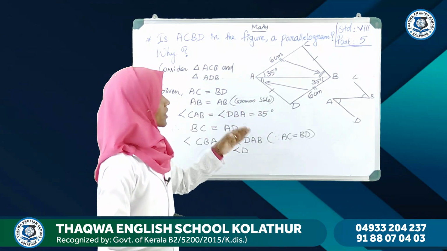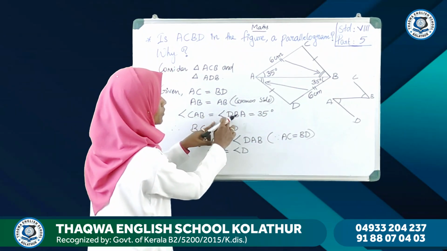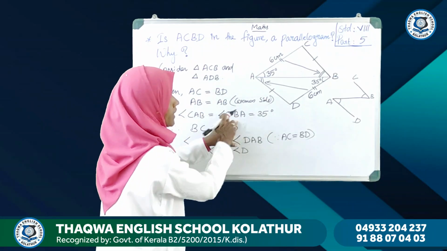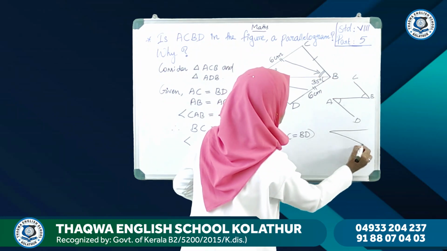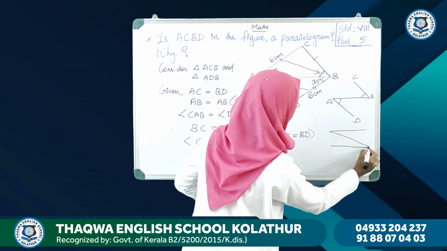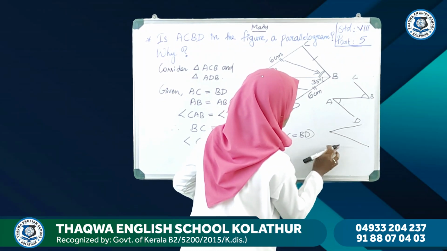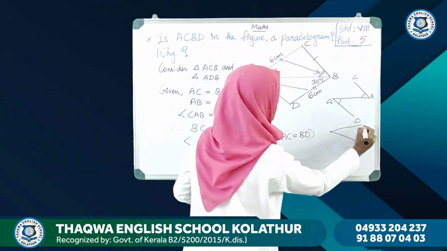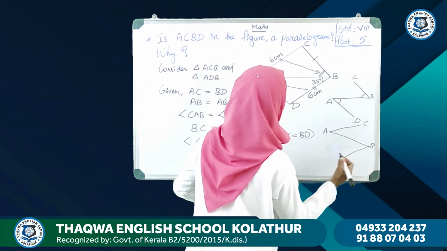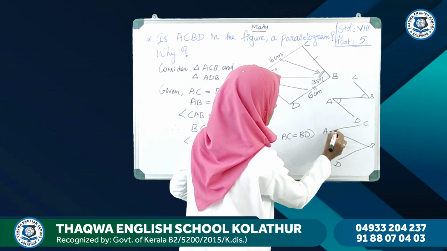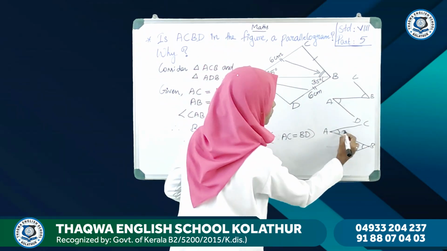Now let us take the other pair. Angle CAB equals angle DBA. These two angles are already given in the question.